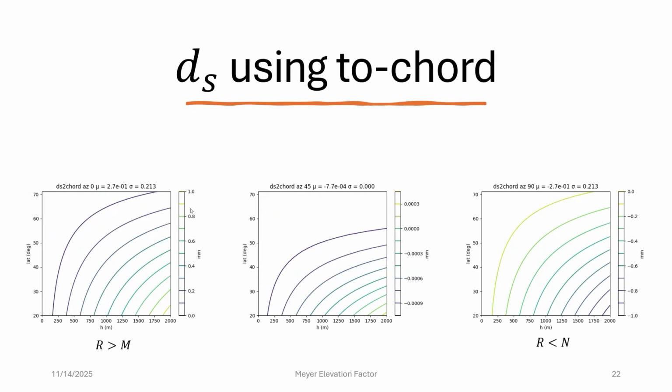All right, now, what if we reduce using the formula that goes to the chord? Well, this looks very similar to what we get when we reduce the average horizontal distance, but notice that for 45 degrees, the error is actually 10 times better. That's great, but it was already in the thousandths. Now it's in the tens of thousandths.